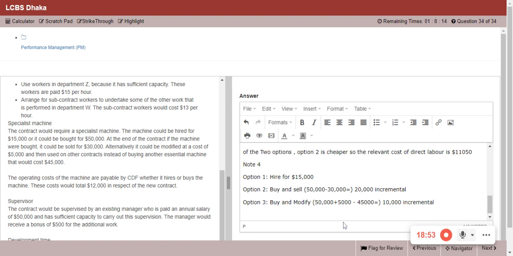Of the three options, buying and modifying a new machine is the most cost effective.